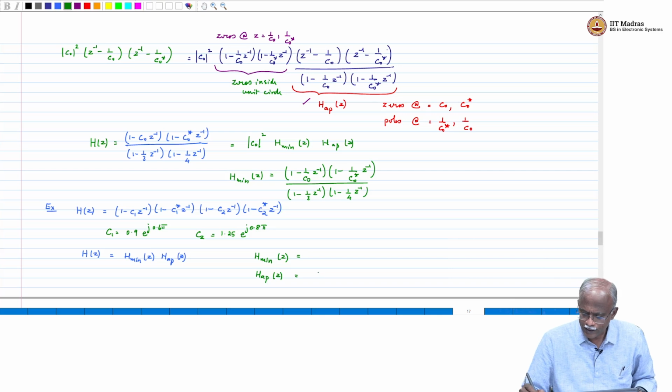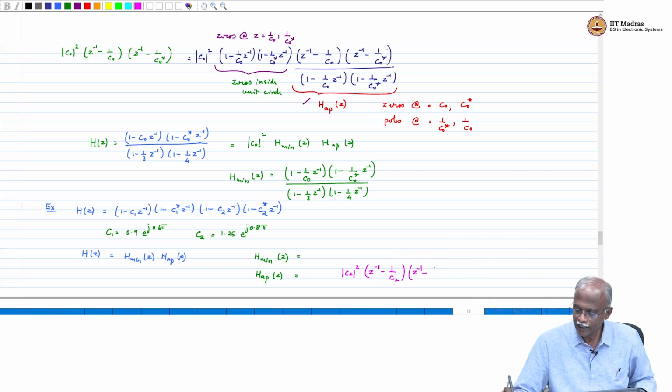Okay, just as a hint, let me give you what the all-pass transfer function should be. This will be magnitude C2 squared, z inverse minus 1 by C2, z inverse minus 1 by C2 conjugate, divided by 1 minus 1 by C2 z inverse, 1 minus 1 by C2 conjugate z inverse.